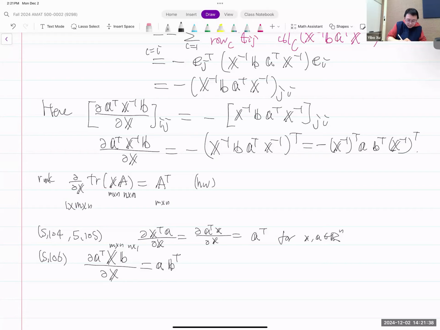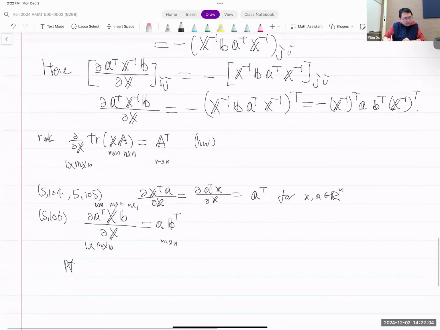A is m by 1, so A transpose is 1 by m. Okay. So this is a scalar in the function, that is the output. X is n by n as the input, and then you see AB transpose is n by n also. Okay. All right.